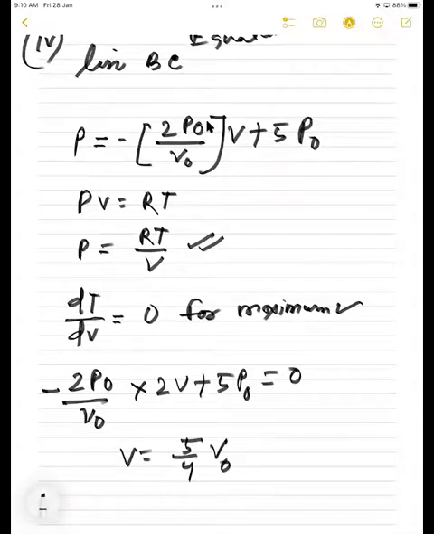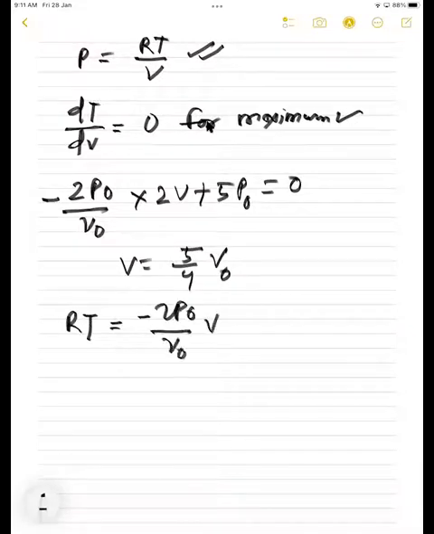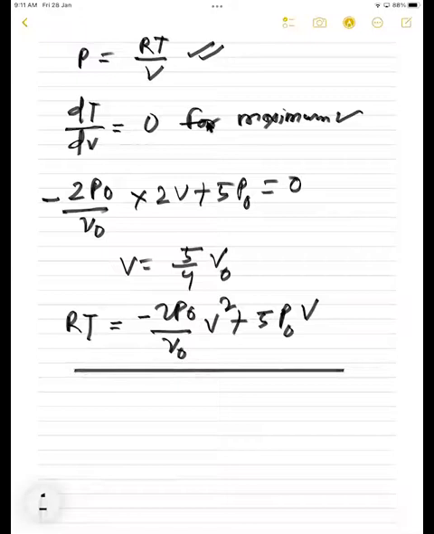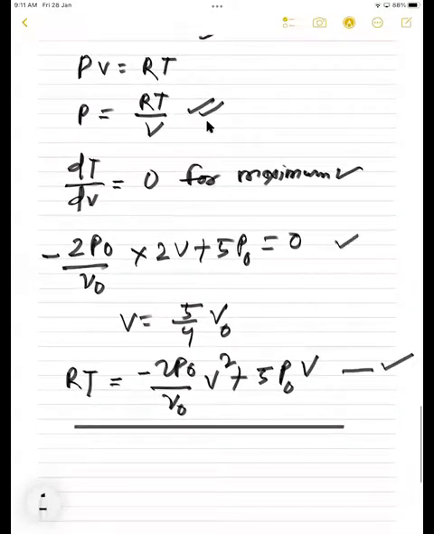Because P is equal to RT by V, so from here only, students, you can find RT is equal to, right? RT is equal to how much? Minus 2 P naught by V naught V square plus 5 P naught V. The total equation, right? This is one equation and this is one equation, students.